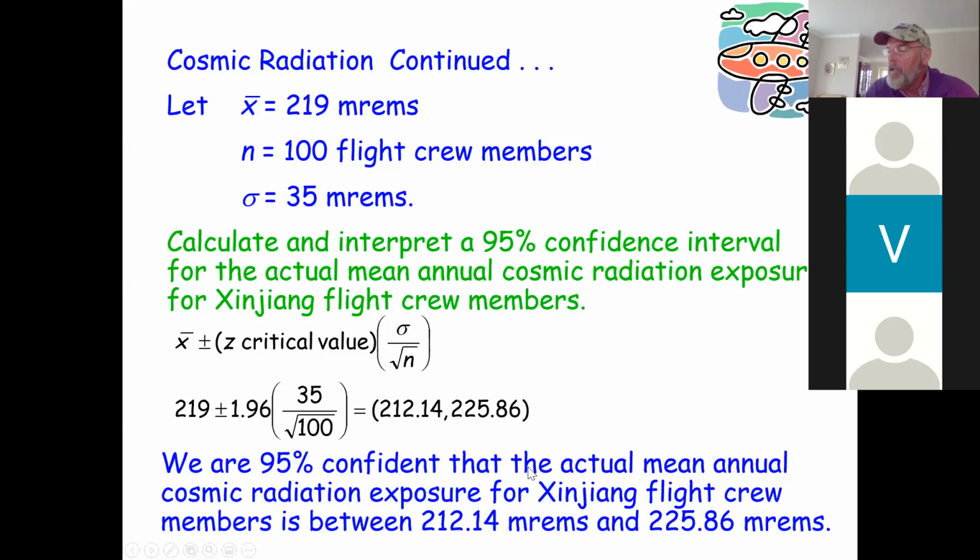And then this phrase starts to reiterate what we said up here: for actual mean annual cosmic radiation exposure with this crew, and then we end the interpretation with the values that go along with the confidence interval, the small end and the large end of the confidence limits.